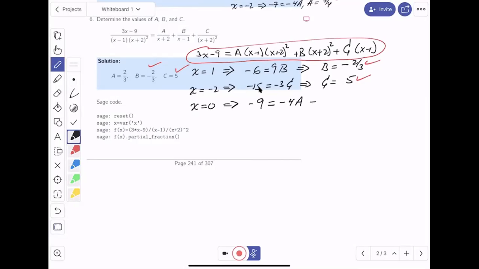Let's see, plus, let's see, did I do that right? 0 minus 1, 2, minus 4a, 0 would be 4b, minus 8/3, plus c, which is 5, and I get a minus 1 over here.